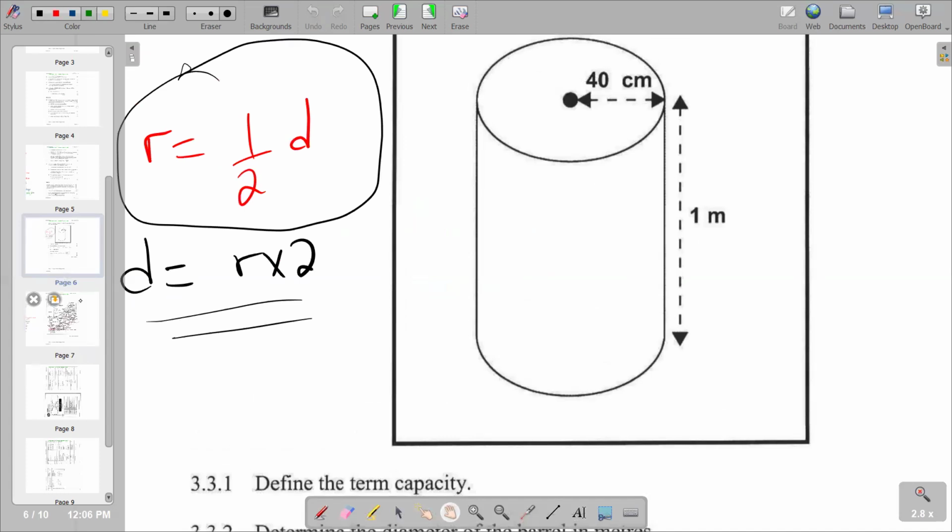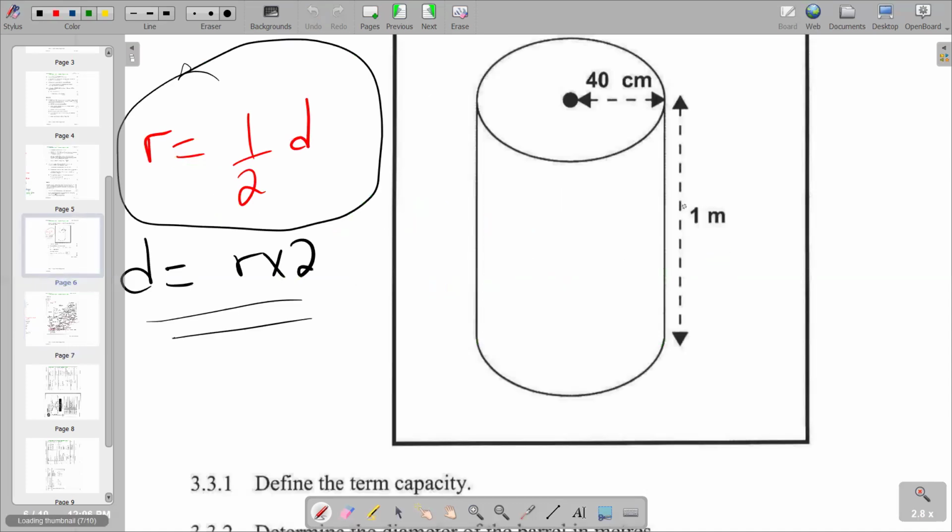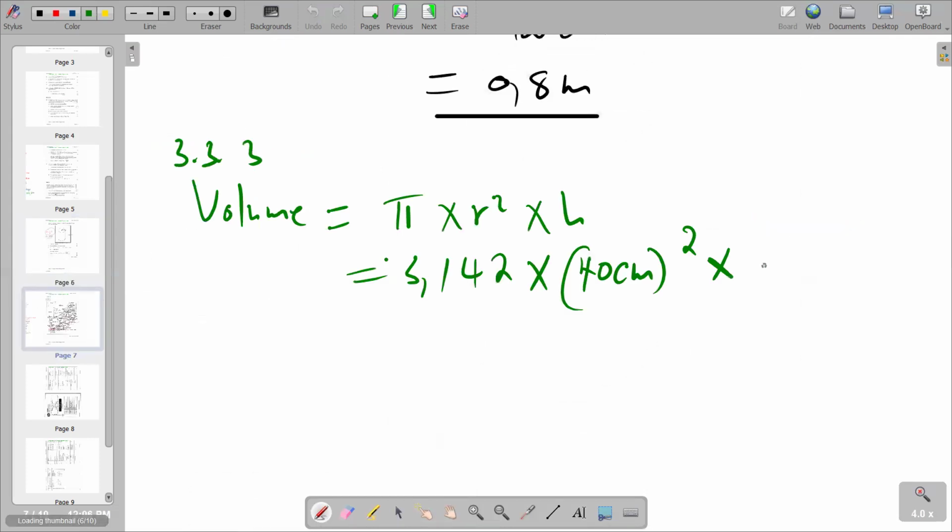So basically we are saying 40 centimeters squared. We multiply with our height. Our height is 1 meter, and 1 meter in centimeters is equal to 100 centimeters. So we are saying times 100 centimeters.